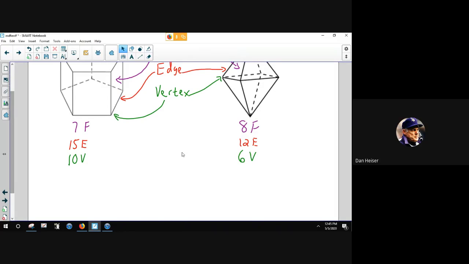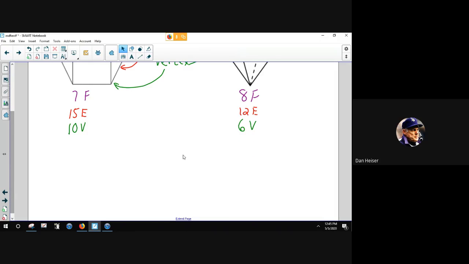There's a relationship between those 3 items. Take a look at our 3 values here. 7, 15, and 10. 8, 12, and 6. Notice these 2 values right here and these 2 values right here.